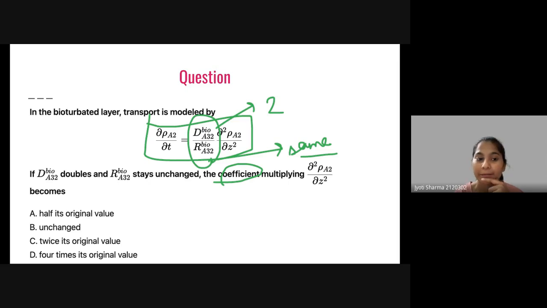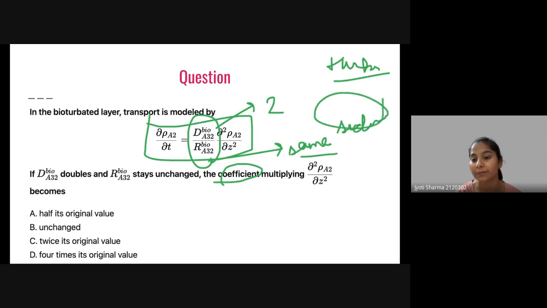bioturbated layer? Bioturbated is nothing but, because of a biological agent, for example worms, there may be some turbation, there may be some turbulence in the sediment side layers.